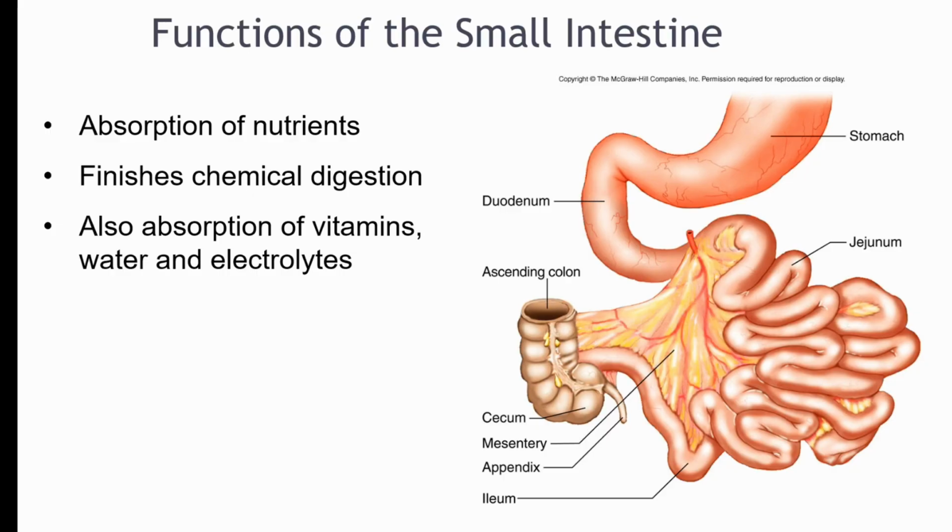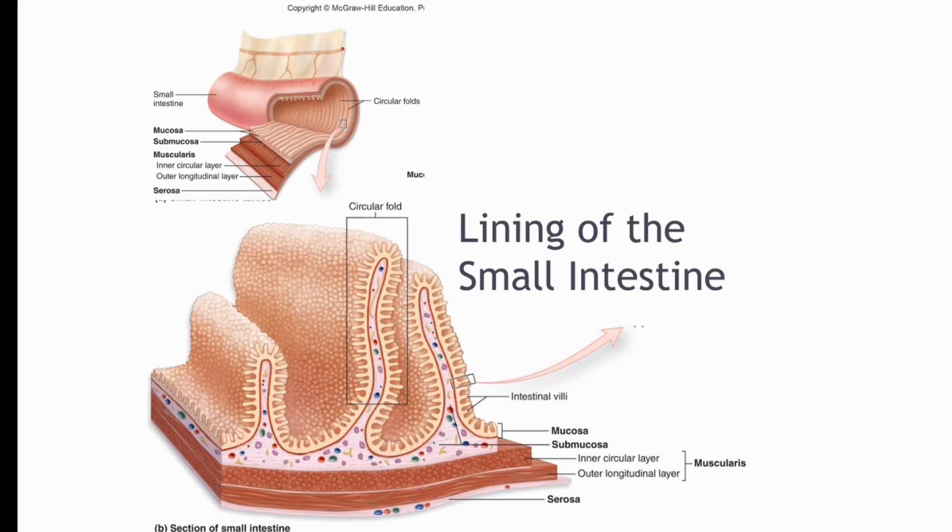So the lining of the small intestines is adapted for that. And so there are three layers of modifications that enhance that. First, you have circular folds. These are big macroscopic folds.